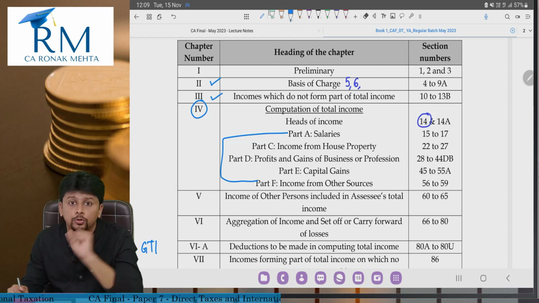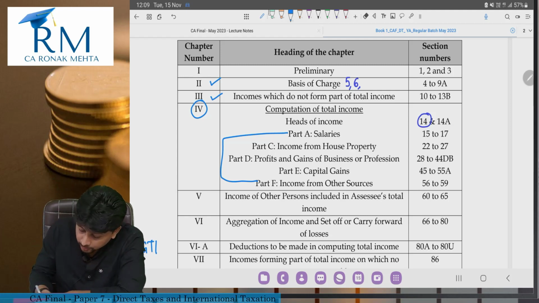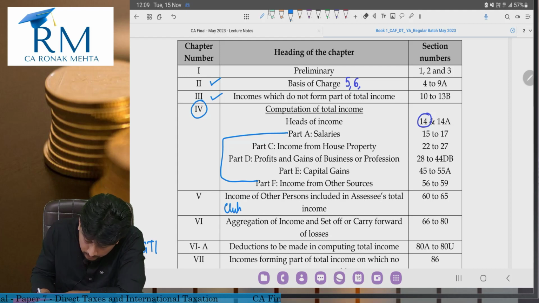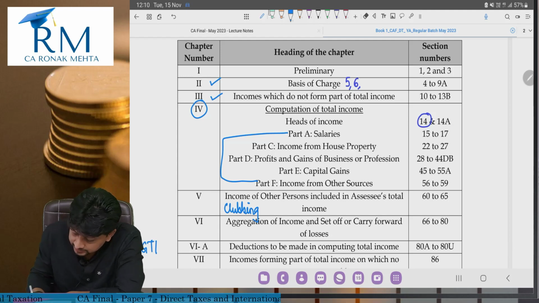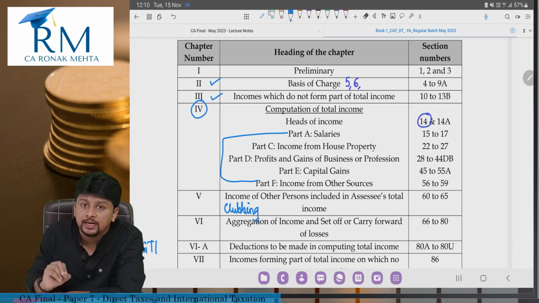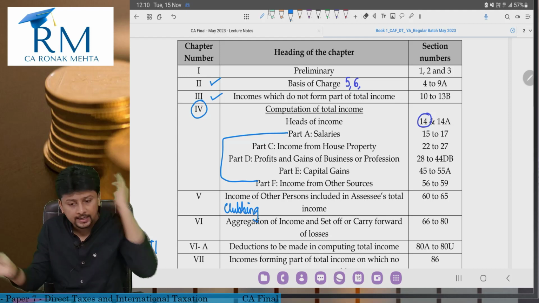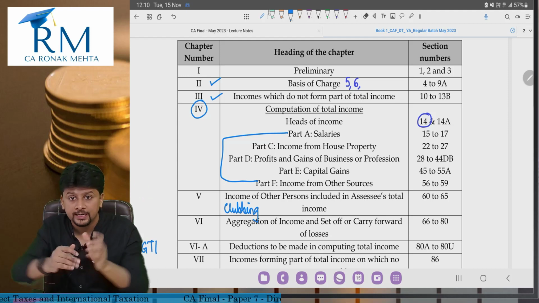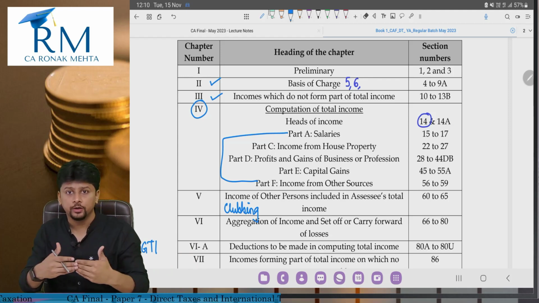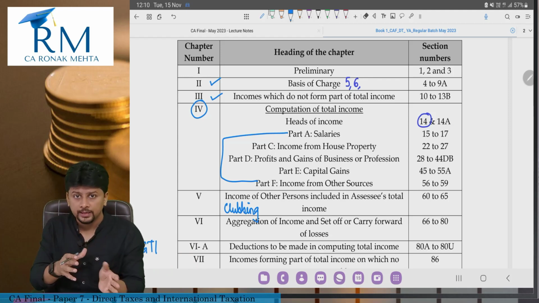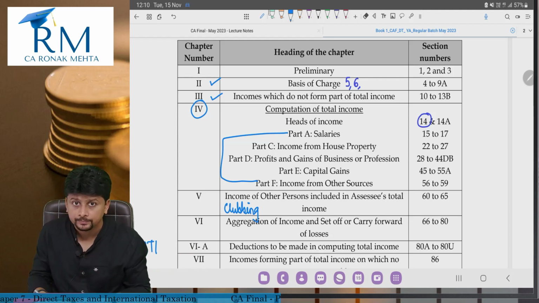Then income of other persons included in total income, chapter number 5, in simple words called clubbing of income. Chapter 6, set off and carry forward of losses, aggregation of income. So you are aggregating income, you are totaling all heads, and in that process if there is a loss and there is a profit, are you allowed to set off? Is it permitted, not permitted? That is your chapter 6.